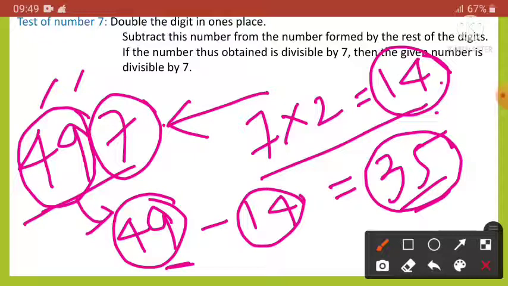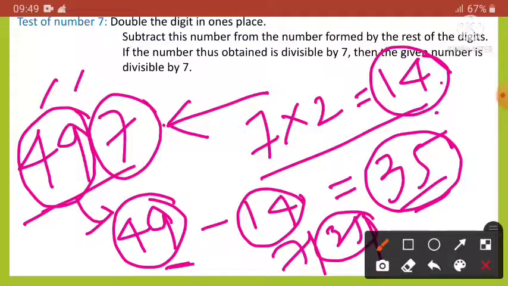If we divide 35 by 7, it is exactly divisible, because 5 into 7 equal to 35. So 35 is divisible by 7. So we can say that this 3-digit number, 497, is exactly divisible by 7.